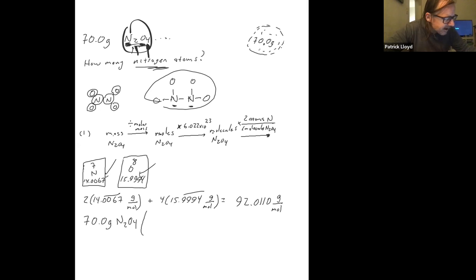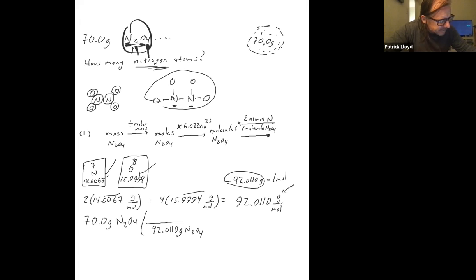The reason it's divide is if I write this as 92.0110 grams equals 1 mole. That's really what that means. 1 mole weighs 92.0110 grams. So they're equal to each other. So I'm going to divide. What that means is I'm going to take the number here in grams and put it in the denominator.